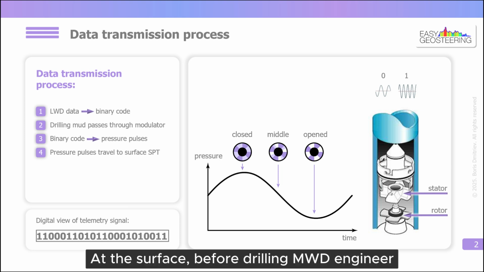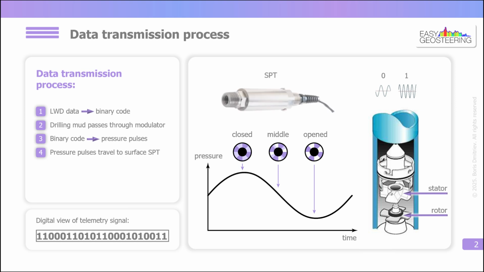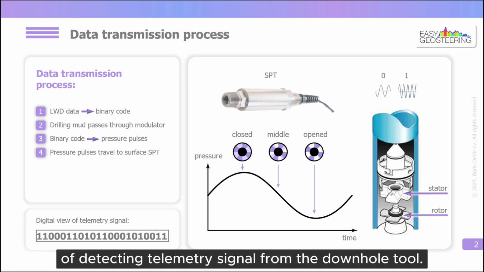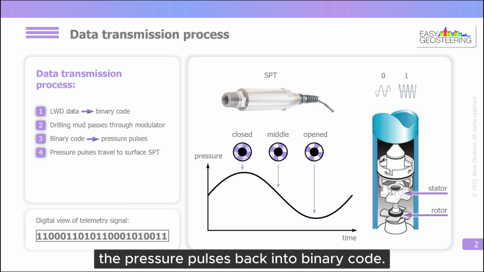At the surface, before drilling, MWD engineer installs signal pressure transducer, or SPT, special sensor on the standpipe. This sensor is highly precise and capable of detecting telemetry signal from the downhole tool. The signal is captured by SPT, and then the inverse process converts the pressure pulses back into binary code.